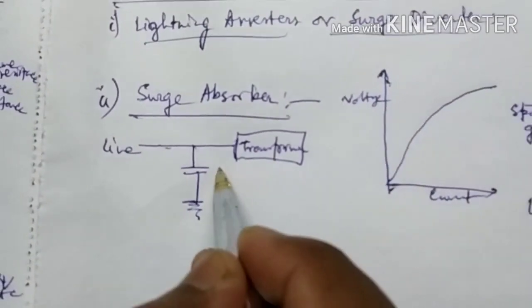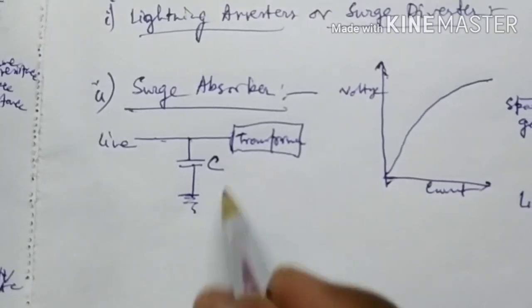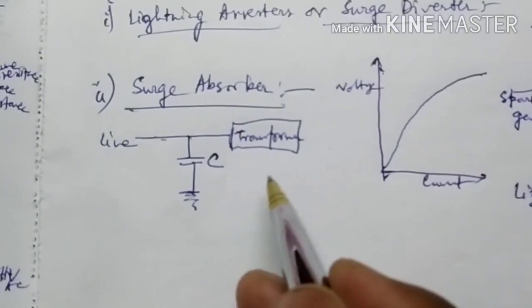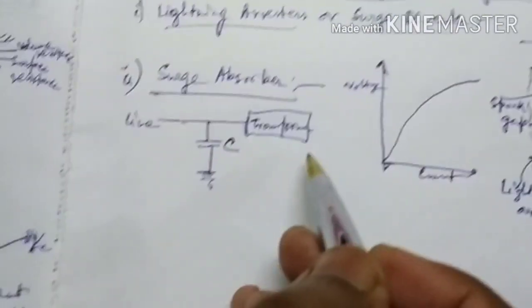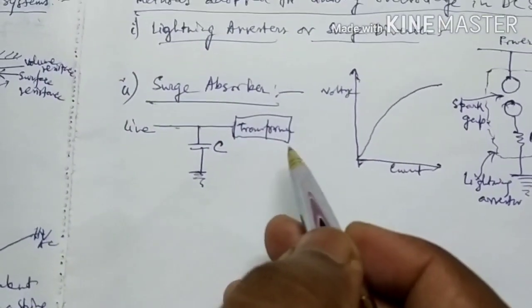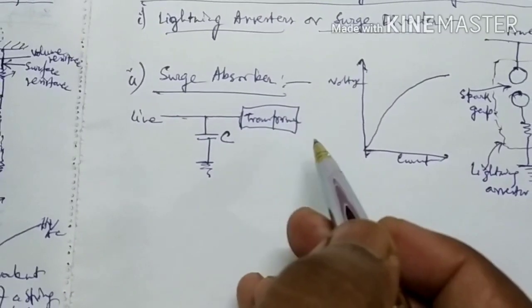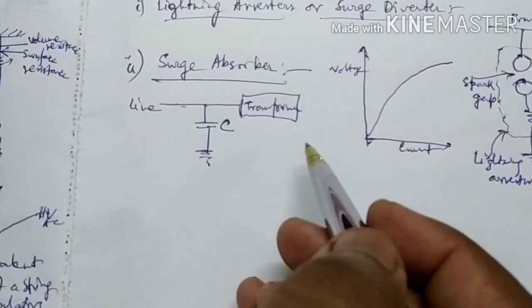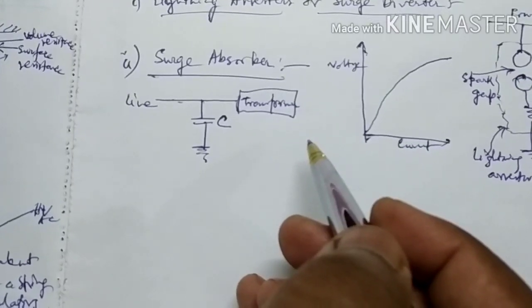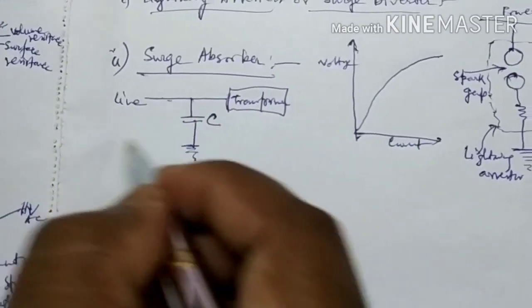This shows the action of the capacitor as a surge absorber to protect the transformer winding. The reactance of the capacitor is inversely proportional to the frequency, and since surges are of high frequency, this is case 1.